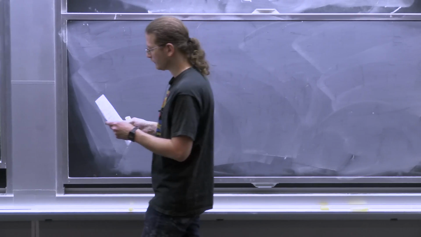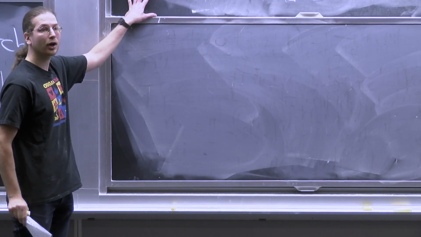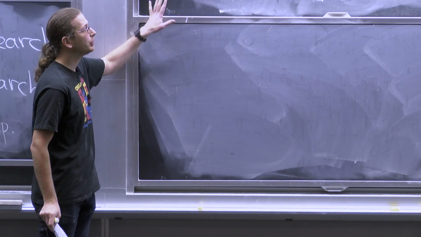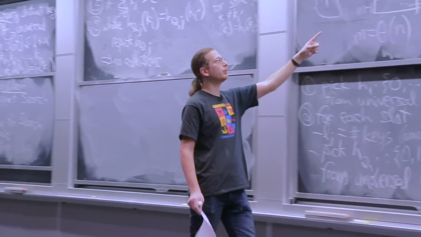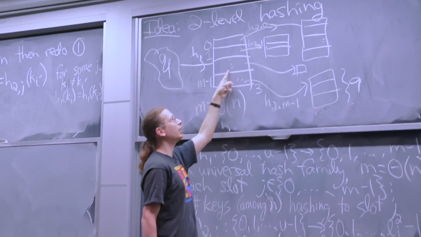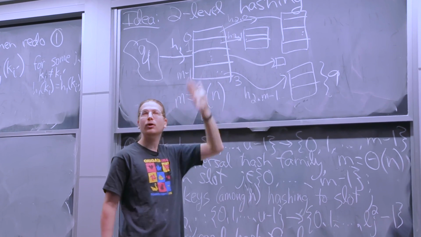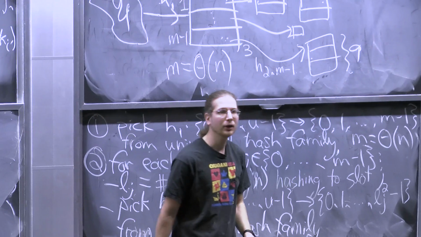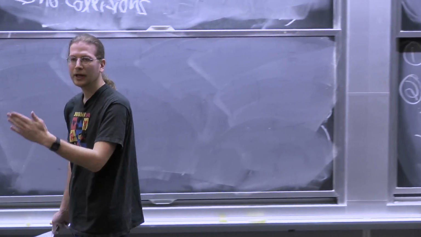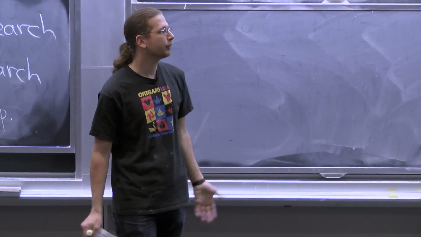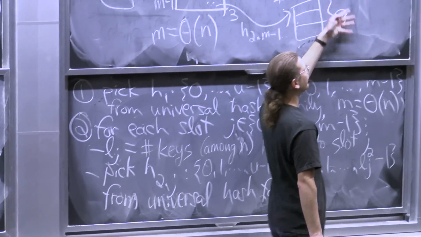So at this point, we've guaranteed that searches are constant time worst case after we do all these 4 steps, because we apply h1, we figure out which slot we fit in, then we say it's slot j, then we apply h2j, and if your item's in the overall table, it should be in that secondary table. Because there are no collisions, you can see, is that one item the one I'm looking for? If so, return it. If not, it's not anywhere. If there are no collisions, I don't need chains coming out of here, because it's just a single item.